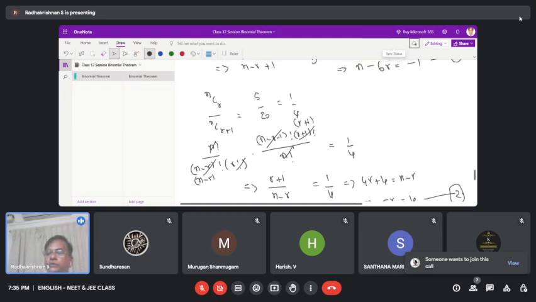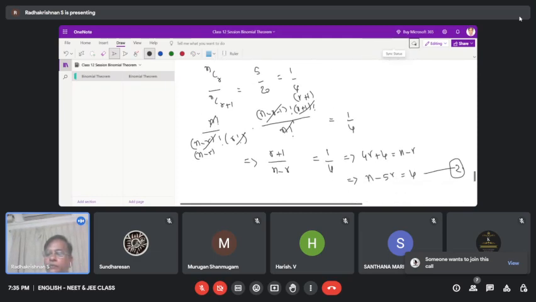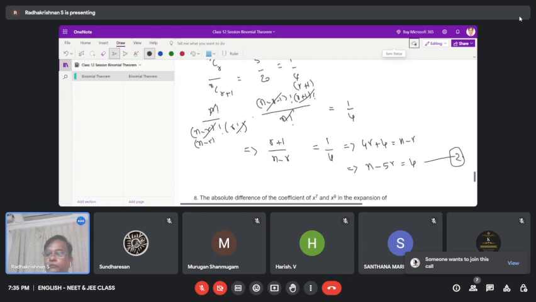So what was the first equation? n minus 6r equal to minus 1, and n minus 5r equal to 4.